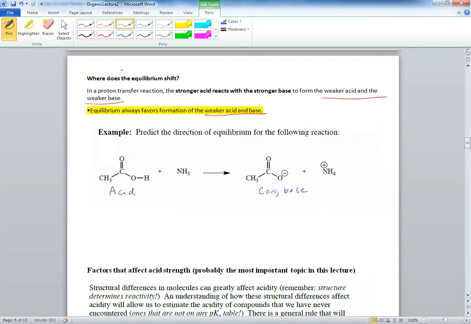And of course, this must be the base, and this must be the conjugate acid. So once again, they go together.